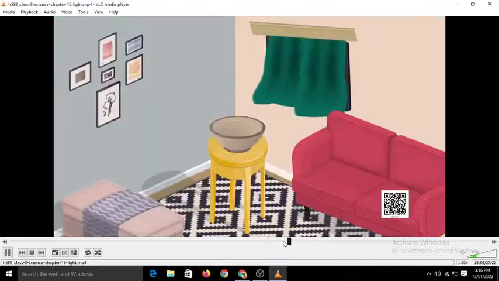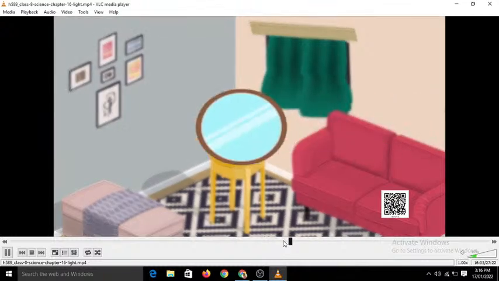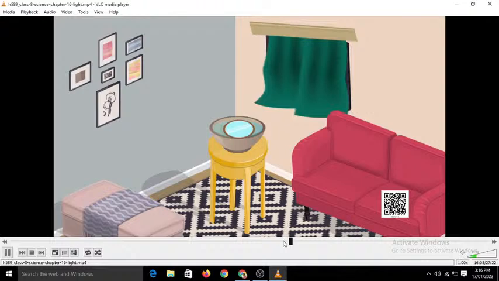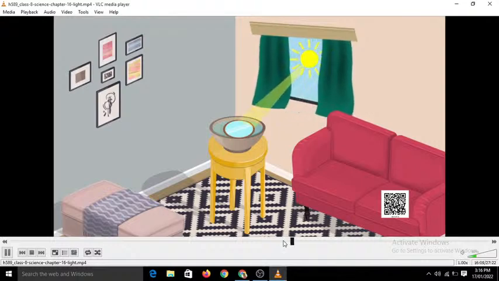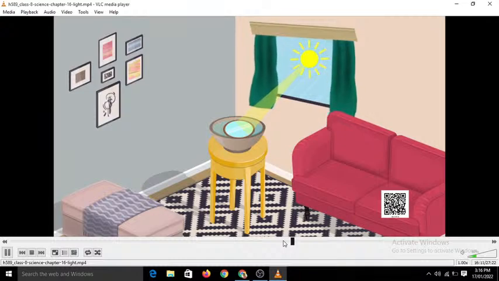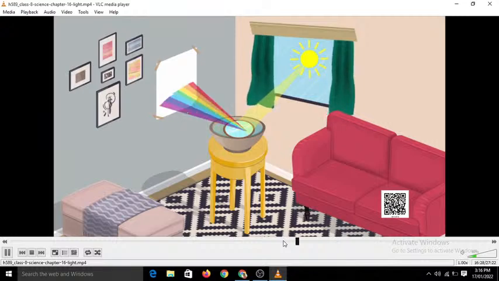Take a bowl filled with water and place a plain mirror perpendicularly in the bowl. Now place this arrangement near a window so that sunlight directly falls on the mirror. Place the bowl in such a way so that reflected light from the mirror should fall on any white plain wall.